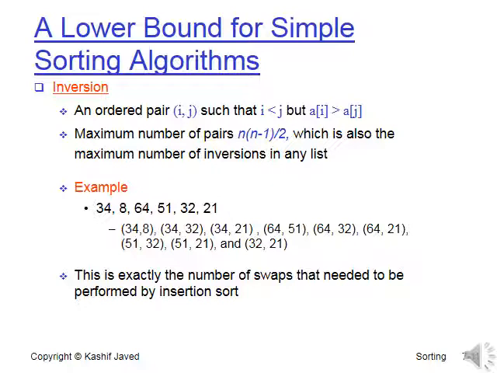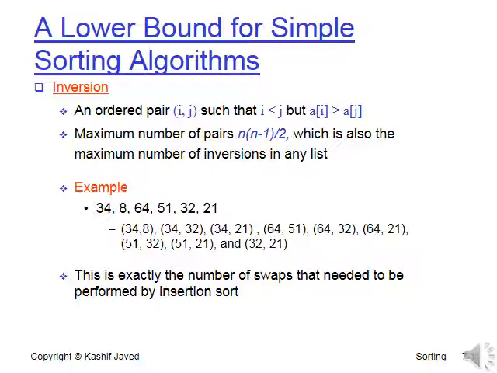An inversion in an array of numbers is any ordered pair i and j having the property that i is less than j but array[i] is greater than array[j]. The maximum number of pairs you can have for any array of size n would be n times n minus 1 divided by 2, which is also the maximum number of inversions in any list or array.